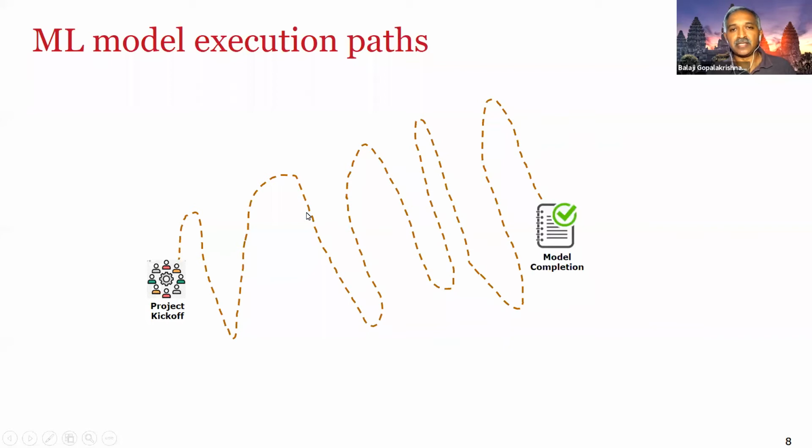So you again pivot to do something simpler, and then do all these switchbacks till you finally get to the model completion. So this path is fine in a sense. You have achieved the model completion successfully, but you have taken a lot of zigzag paths, and because of that you have taken a lot more time than was probably necessary for solving this problem.